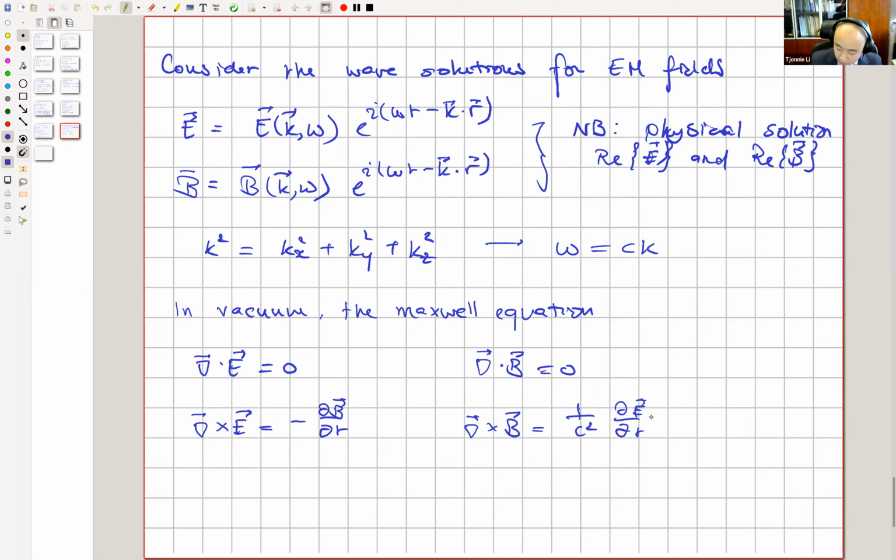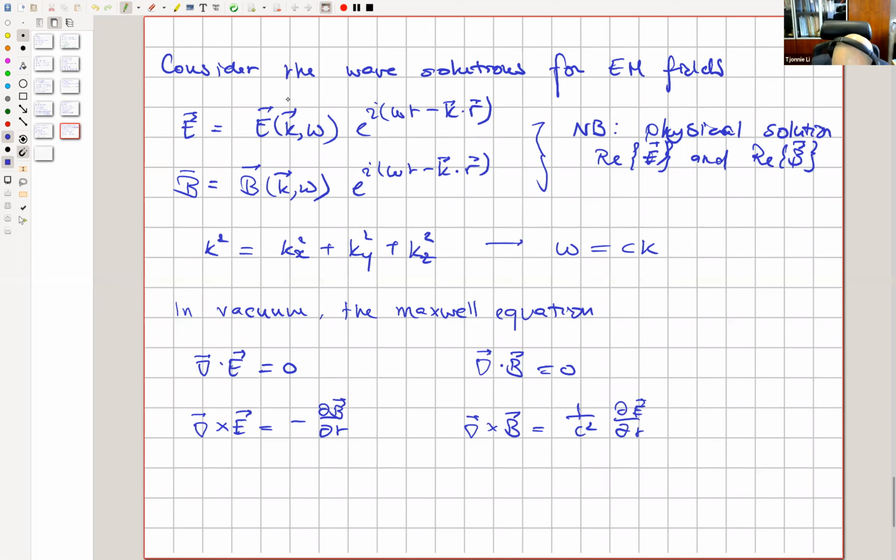And so we can now consider these solutions, here on the top, the wave solutions, in terms of Maxwell's equations. Let's take a look.